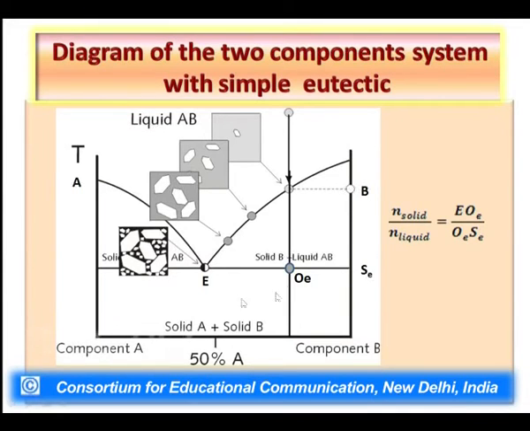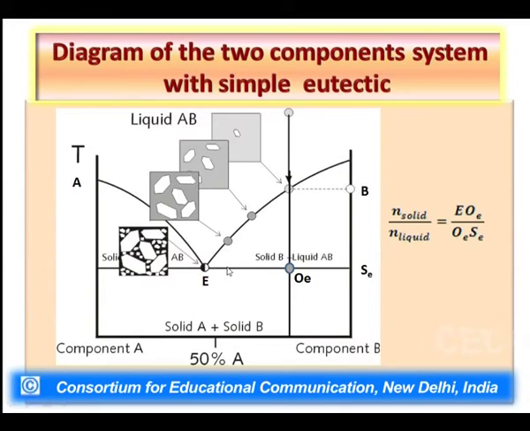So complete crystallization of solid B occurs at OE, and at any temperature below OE you will have only solid phase. You can start with this composition, or this composition, or any other composition.